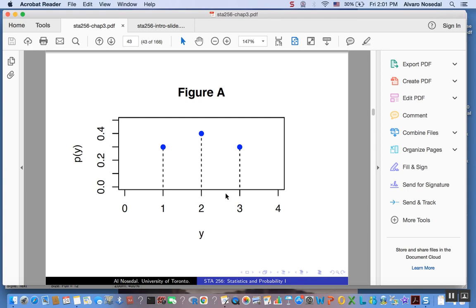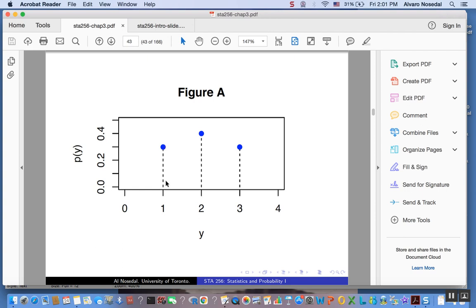Okay, by the way, another way of referring to a probability distribution for a discrete random variable, this is a discrete random variable, right? It has a finite number of possible values that it can assume, right?